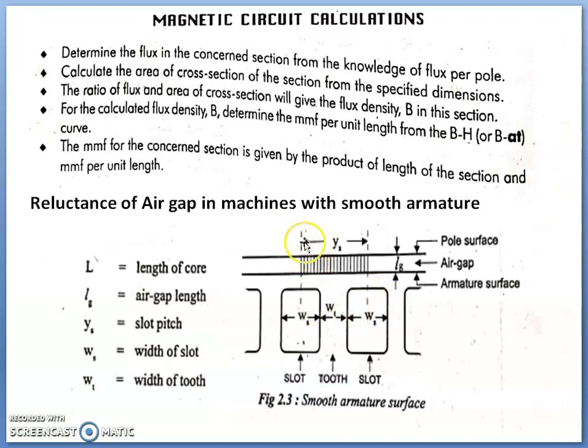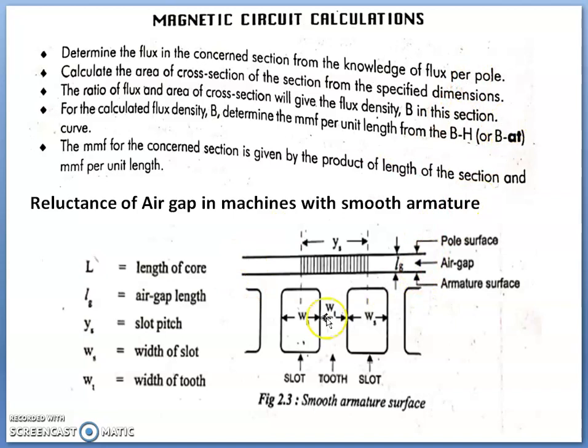This is the area; in this area only the air gap flux is available. This is the air gap between the pole and the armature, and this area you have to calculate. On one side, this width is YS, and the other side is the length of the armature core. Actually this will be a circular structure, and the armature will have a certain length.